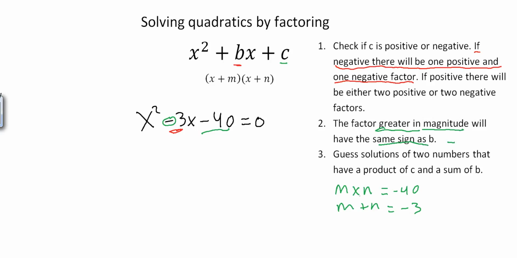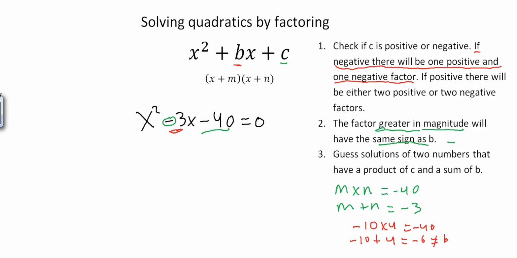Okay, what if we try negative 10 times 4? That equals negative 40. But now let's do negative 10 plus 4. That equals negative 6, which does not equal b, which is negative 3.